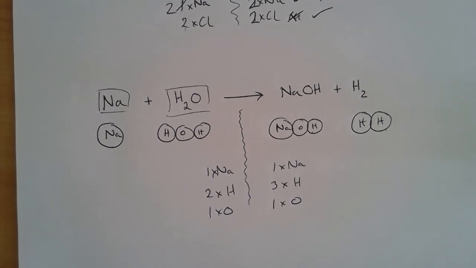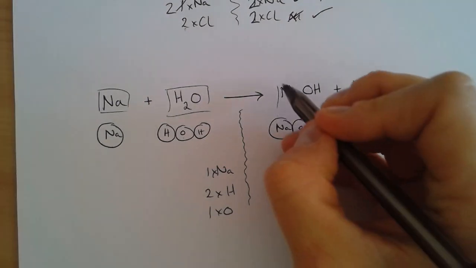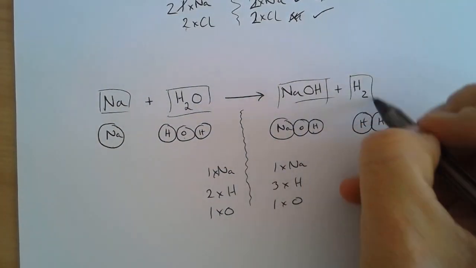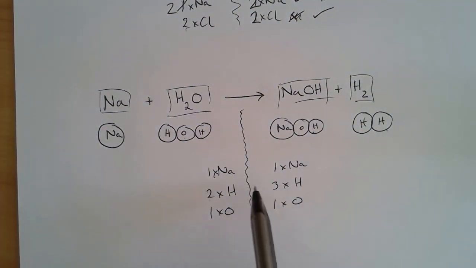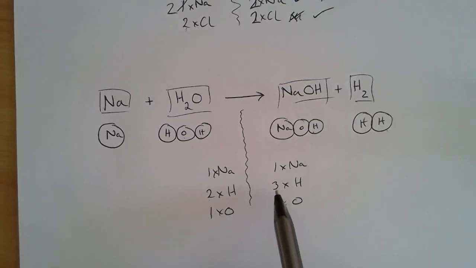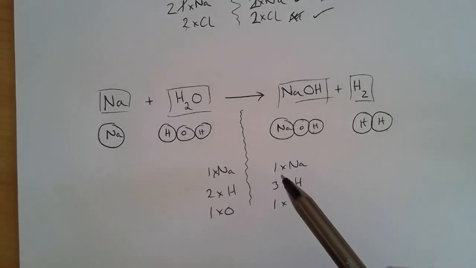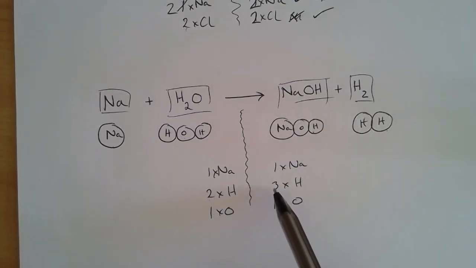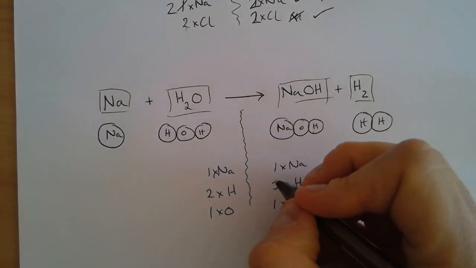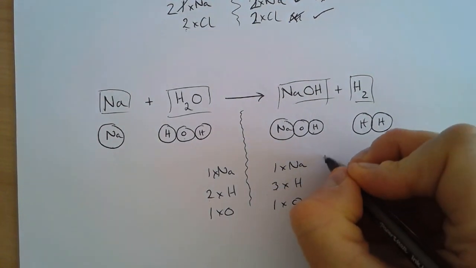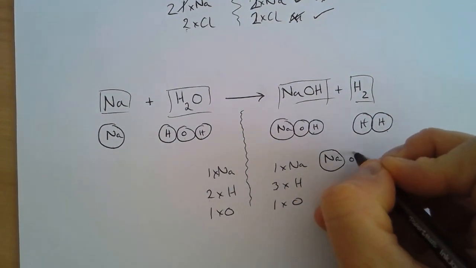This is going to be a slightly more difficult one to balance because obviously we've got a 2-to-3 ratio. So the way I'm going to start trying to do that is to recognize that I'm going to have to get this up to 4 probably, so that I can balance by even numbers. So I'm going to put a whole other NaOH in here.